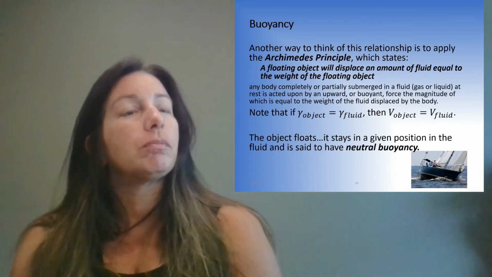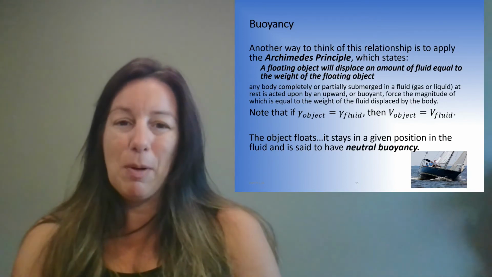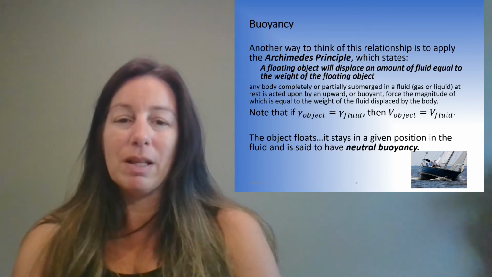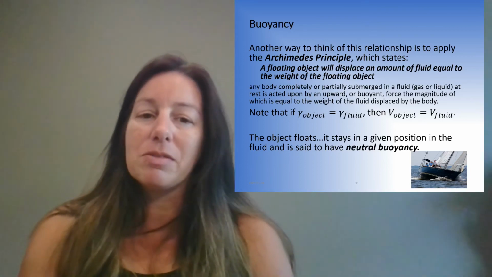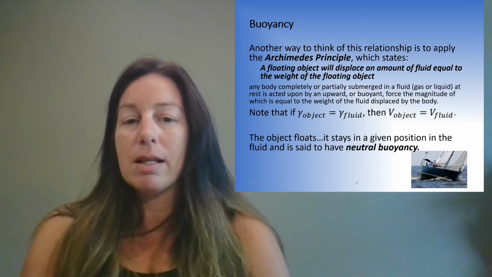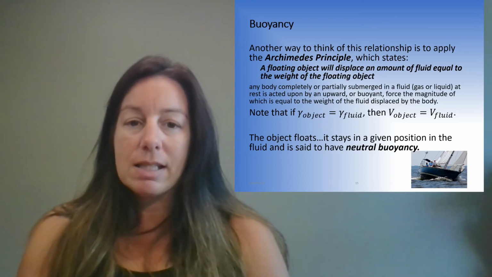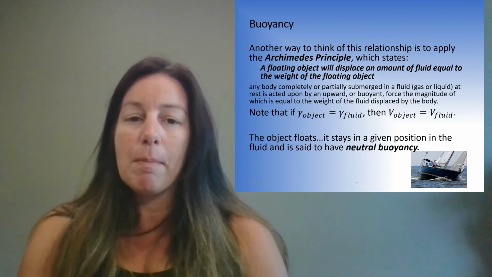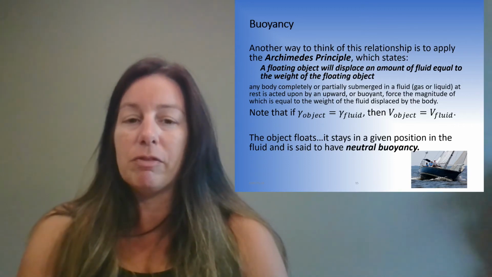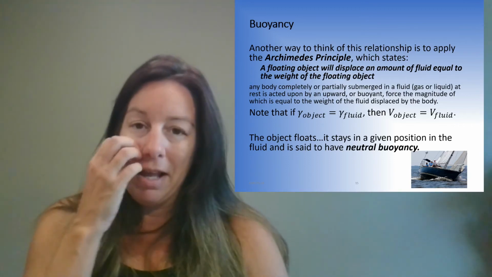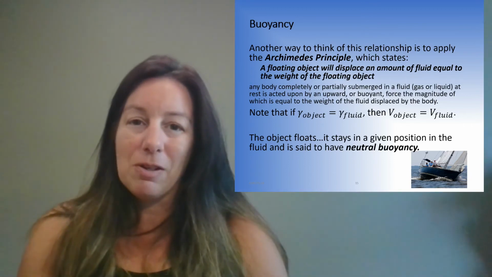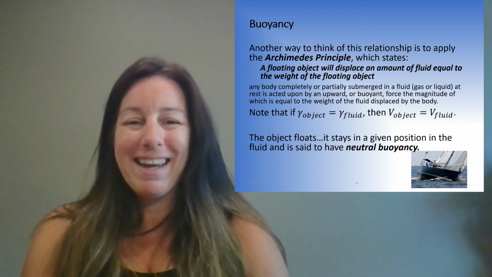So here's some more words about Archimedes' principle. Another way to think on this relationship is to apply this Archimedes principle. It states the floating object will displace the amount of fluid equal to the weight of the floating object. That's his thesis from sitting in the bathtub, okay?